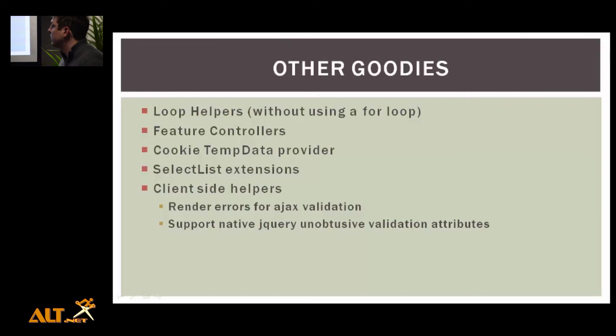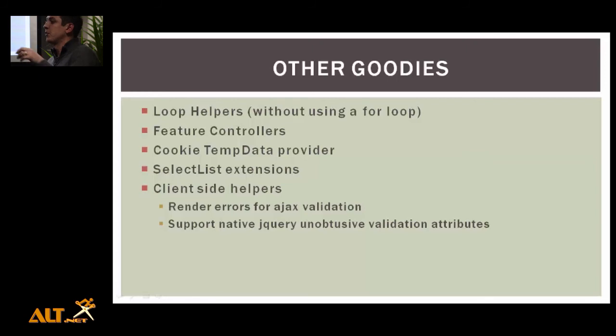The other things that are included are little helpers. If you've ever done a for each loop and you wanted to have text boxes inside that loop, so you wanted to do an editable list, you'll know that when you do a for each, you need to specify what number it is, the I value if you're doing a for loop.